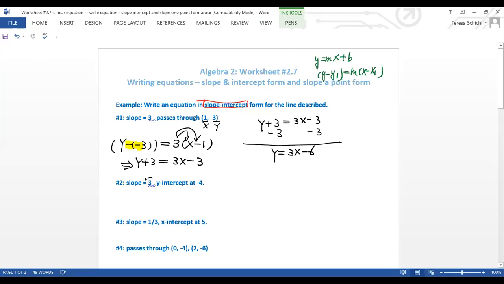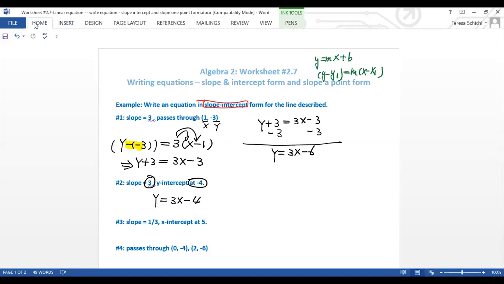These ones give you the slope and they give you the intercept. So I directly plug into the formula. So what is my line? It will be mx, so it's 3x plus b. What is the b here? The b here is -4, so 3x minus 4, right? Okay, that's pretty straightforward.